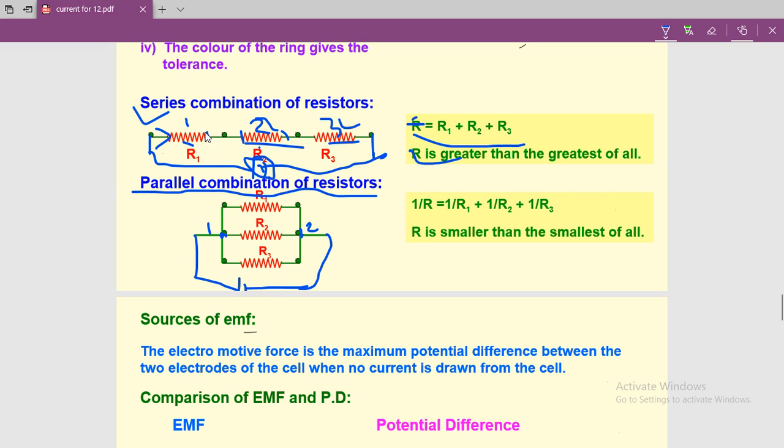It means one end of each resistor is not connected at one point and second end at any one point. But in parallel, one end of each resistor is connected at one point and the second one is connected to another point. So you can identify whether the combination is series or parallel.